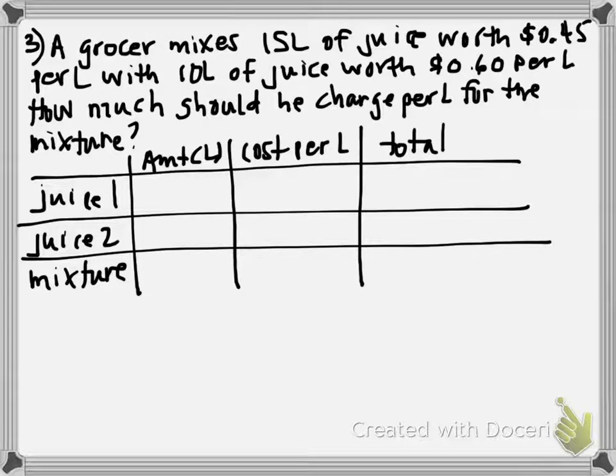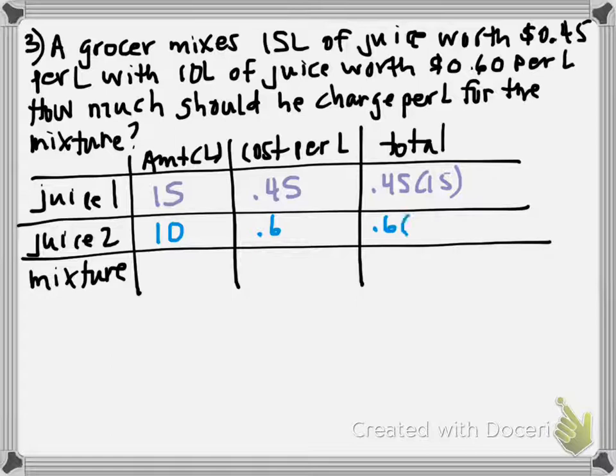So what's interesting about this problem is it blatantly tells me information. It says, hey, he's mixing 15 liters of a juice that's worth 45 cents. So I get 0.45 times 15 for the total of that first juice. The second juice, he's blatant. He says, hey, you got 10 liters of a juice that's worth 60 cents.